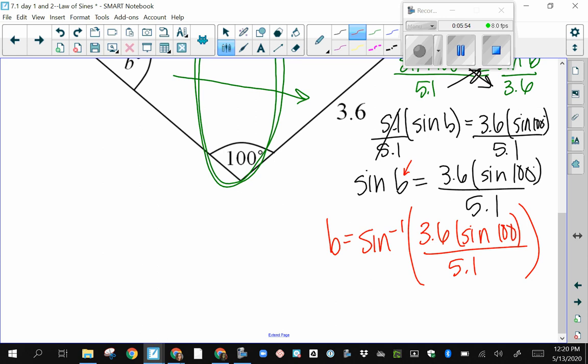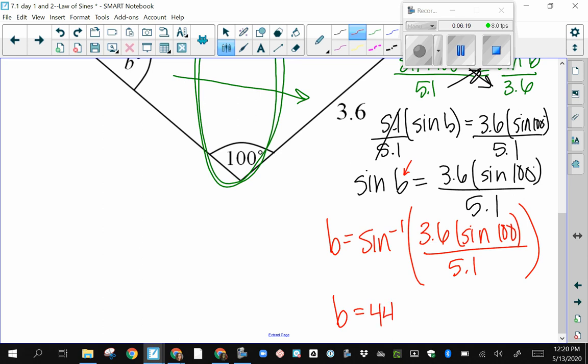Or if you're using your cell phone or something, I would start with sine of 100 degrees, hit enter. Then I'm going to multiply by 3.6, hit enter. Then I'm going to divide by 5.1. Then I do inverse sine and I use my answer recall button, second answer. That way I'm not rounding along the way and I know that I get an exact answer.